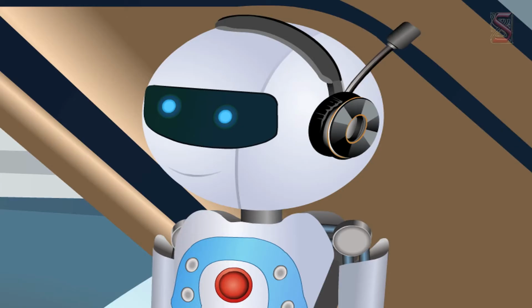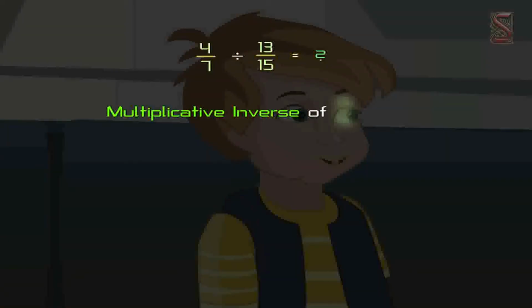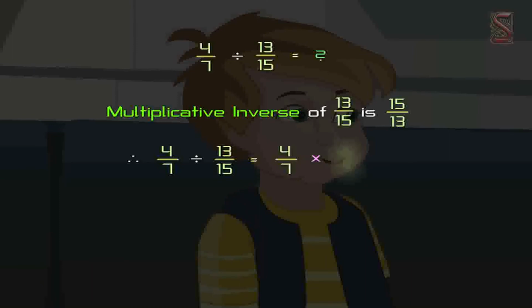That's the right answer, Akshita. Now, what is 4 by 7 divided by 13 by 15? The multiplicative inverse of 13 by 15 is 15 by 13. Therefore, 4 by 7 divided by 13 by 15 is equal to 4 by 7 multiplied by 15 by 13, which is equal to 60 by 91.